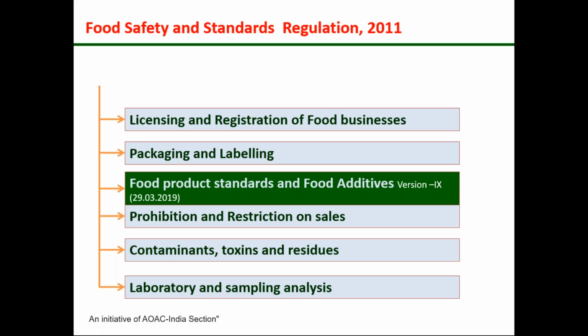The standards and additives is a very large chapter. It covers food standards for about 400 products. So it will be very difficult to go into each and every standard, but I will in general tell you what a standard is and how one must look at the standard.